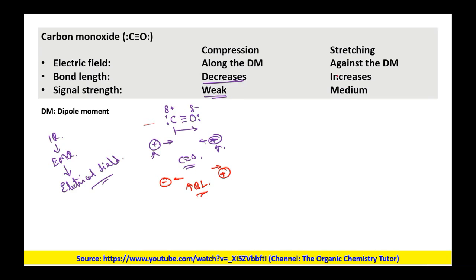Whenever you get stretching, the bond is stretched and the bond length increases, and you will be getting medium intensity signals. If the electric field is along the dipole moment (DM), there will be a weak signal. If the field is against the dipole moment, then there will be a medium signal.